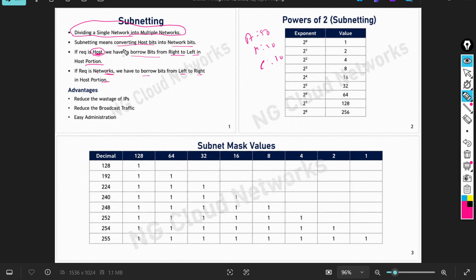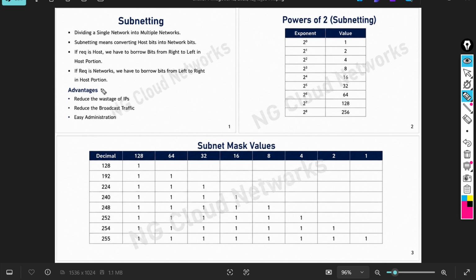In subnetting, we will always convert host bits into network bits. We cannot convert network bits into host bits. We can't do anything on the network portion.